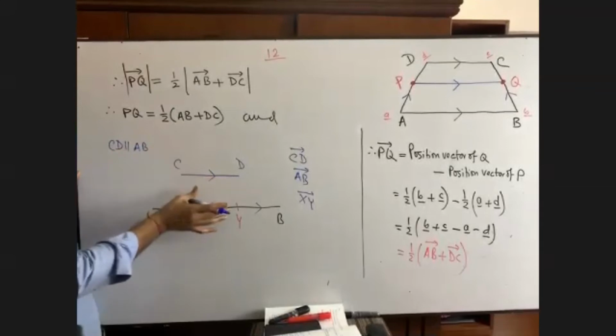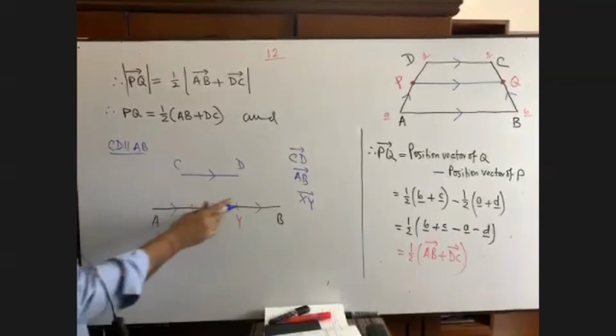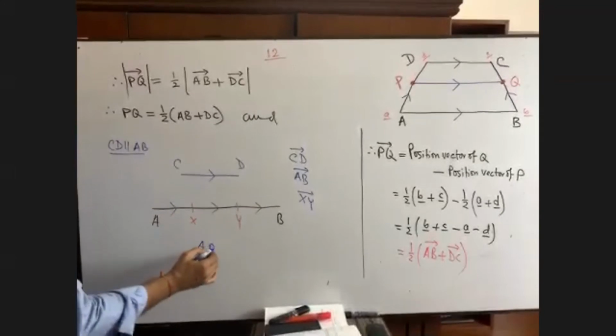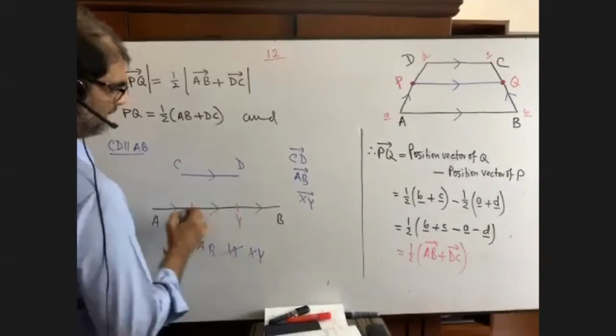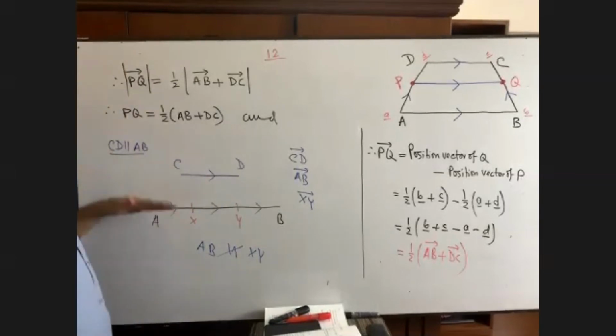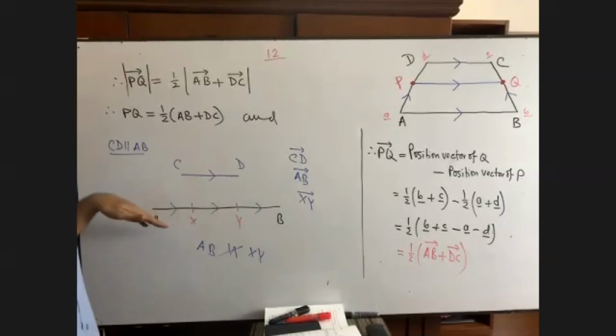But AB and XY are not parallel. They indicate the same straight line. But interesting fact is that all these three lines support each other. Here CD supports AB, here AB supports CD, here CD supports XY, here XY supports CD, here XY supports AB, here AB supports XY. This is called line of support.